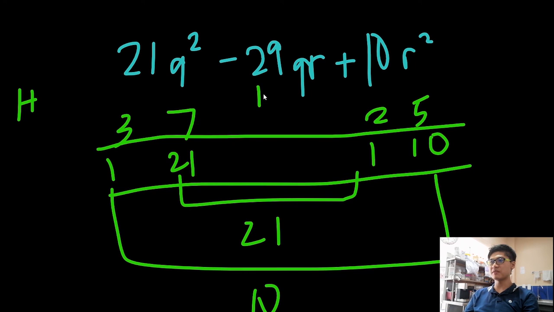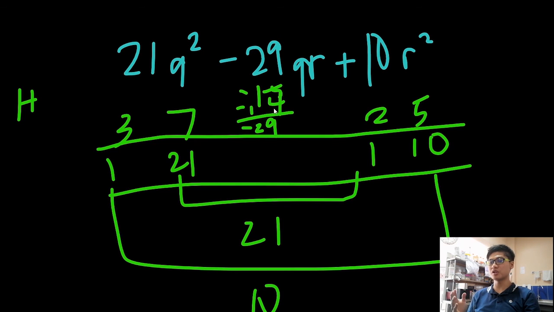So 3 times 5 is equal to 15, and 7 times 2 is equal to 14. Can we achieve negative 29? Yes, we can. How? We're going to make both of the numbers negative. So negative 15 minus 14 can achieve the answer of negative 29.